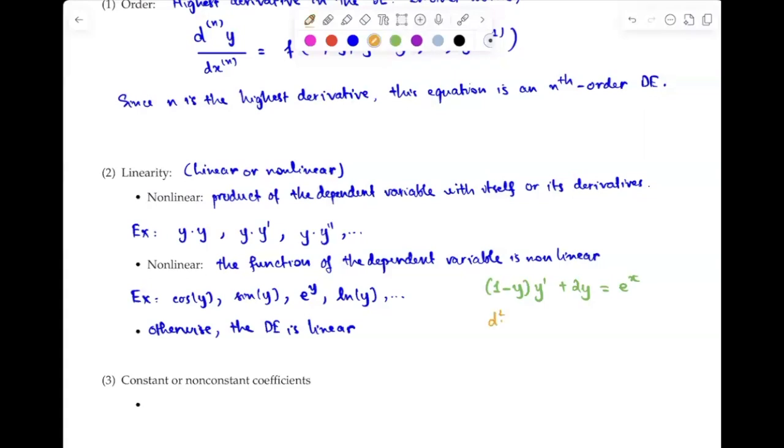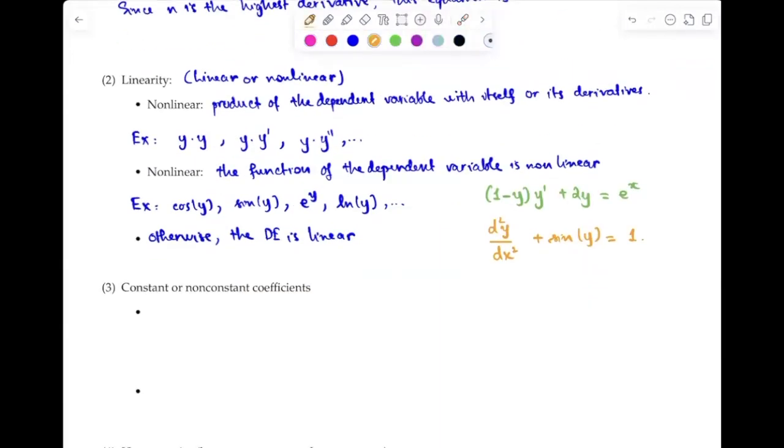You have d squared y over dx squared plus sin of y equal to 1. This one is also nonlinear because the function of the dependent variable y is a nonlinear function, therefore you classify this as a nonlinear differential equation.